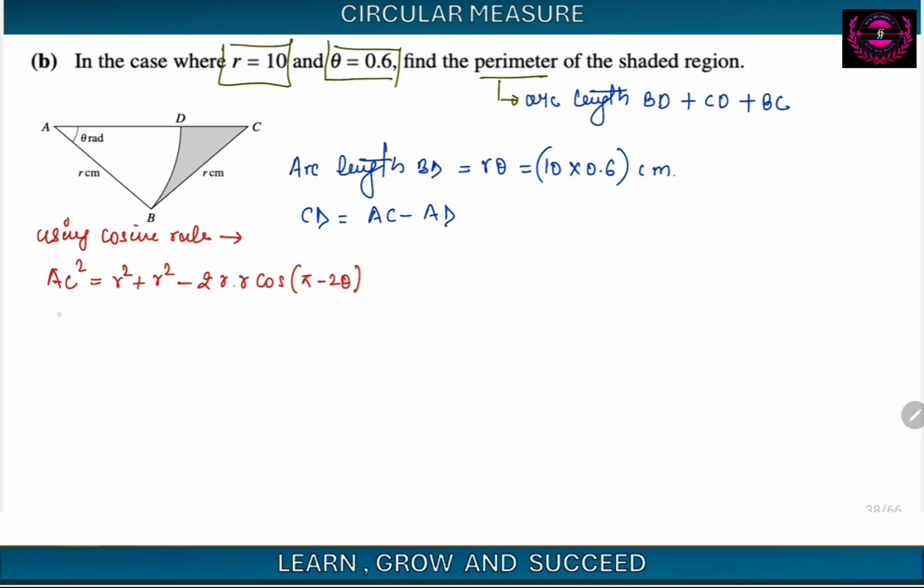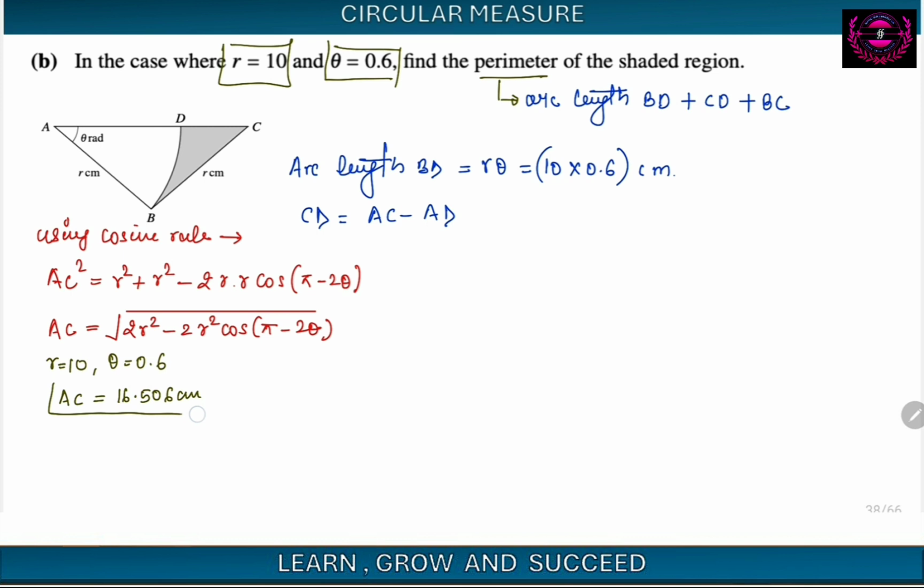So AC is under root of 2R square minus 2R square cos pi minus 2 theta. On substituting R equals to 10 and theta equals to 0.6, AC equals to 16.506.